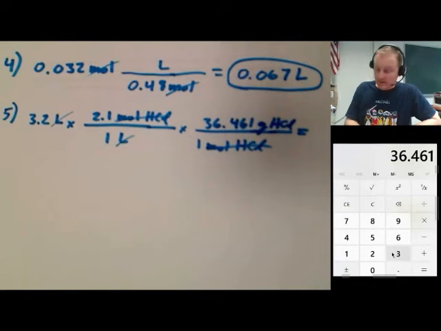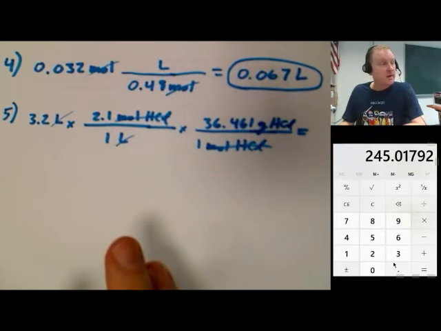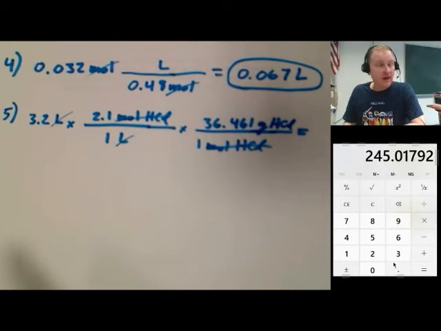We're going to say that that is 3.2 times 2.1 times 36.461 equals. So I've got 245, but this question only has 2 significant figures.